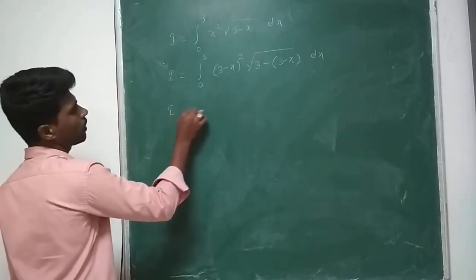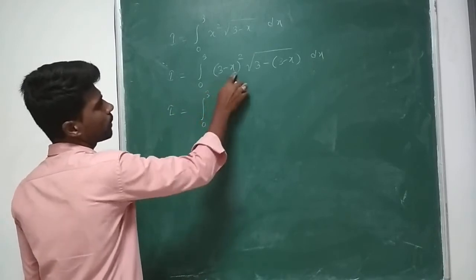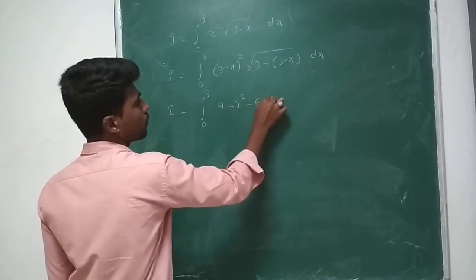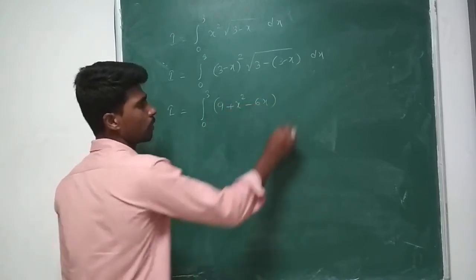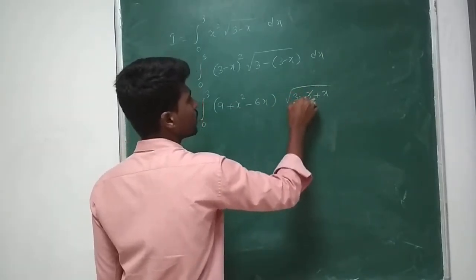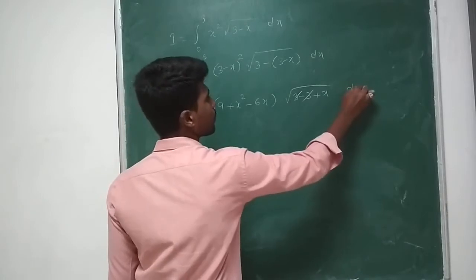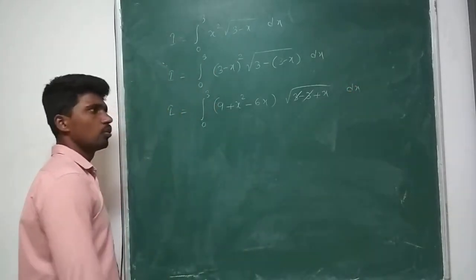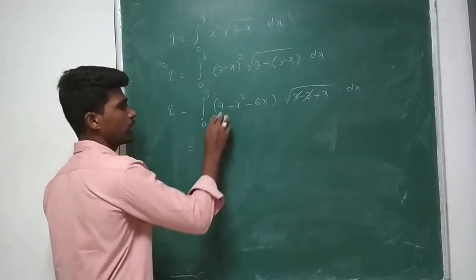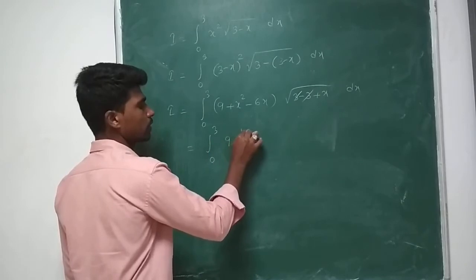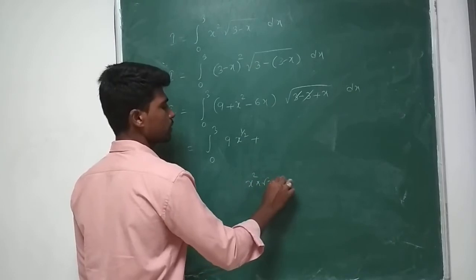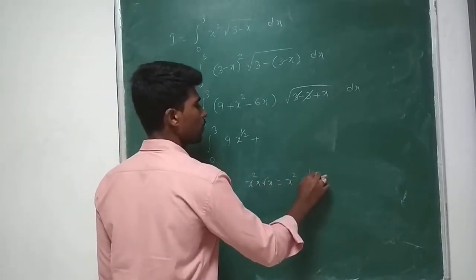Then I is equal to integral 0 to 3 of (3 minus x) whole square, which is 9 plus x square minus 6x, into root over 3 minus 3 plus x. The 3 minus 3 gets cancelled and we get only root over x, which is x power 1 by 2. Simplifying, 0 to 3: 9 into x power 1 by 2, plus x square into x power 1 by 2.